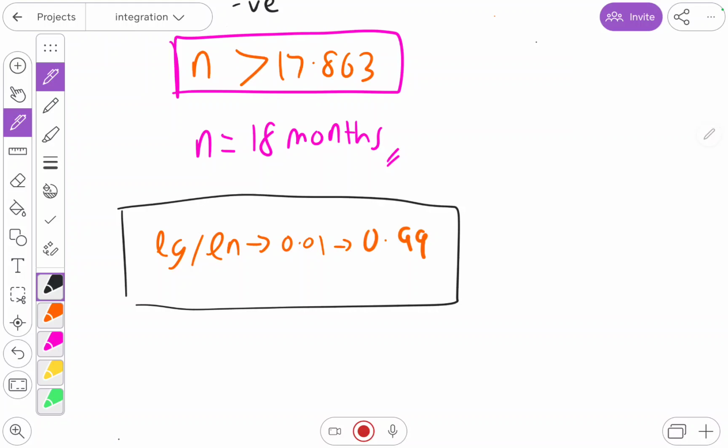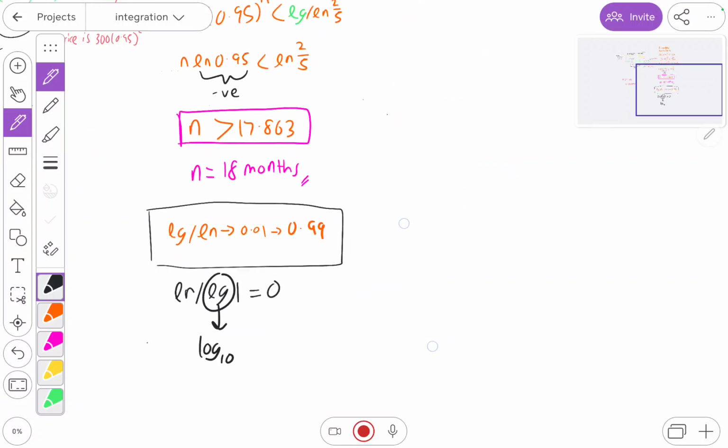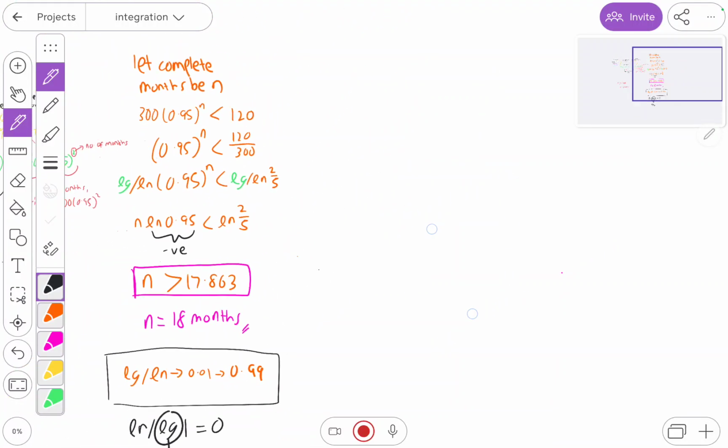Because ln or log 1 is 0, and log in your calculator is log base 10. The difference is one is natural log, one is just log.